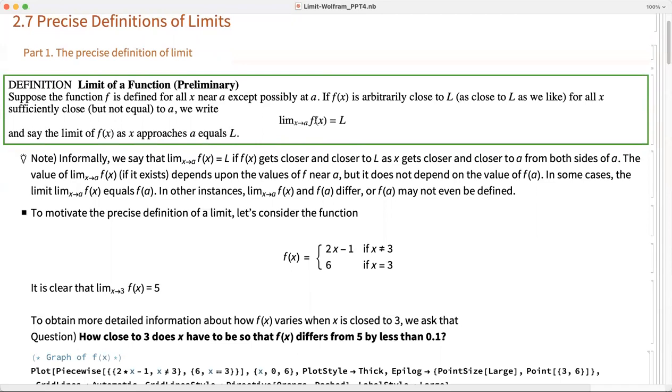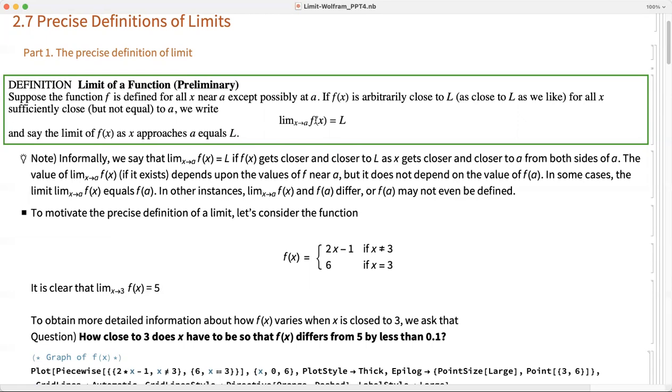In some cases the limit of f of x as x approaches a equals f of a, but it's not always true.